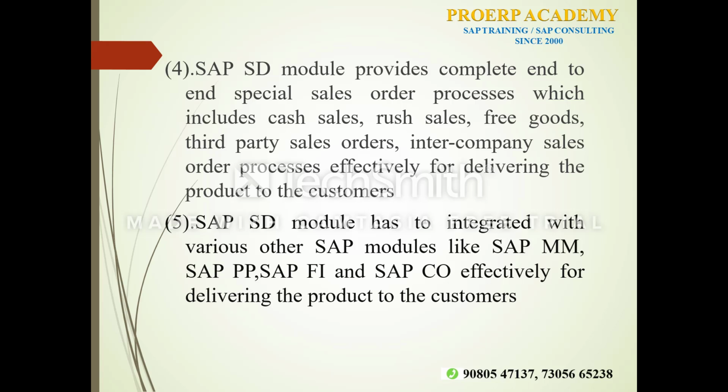So free goods configuration involves the cost for the original material as well as zero cost for the free goods supplied to the customers during the festival season. And then we have third party sales orders.